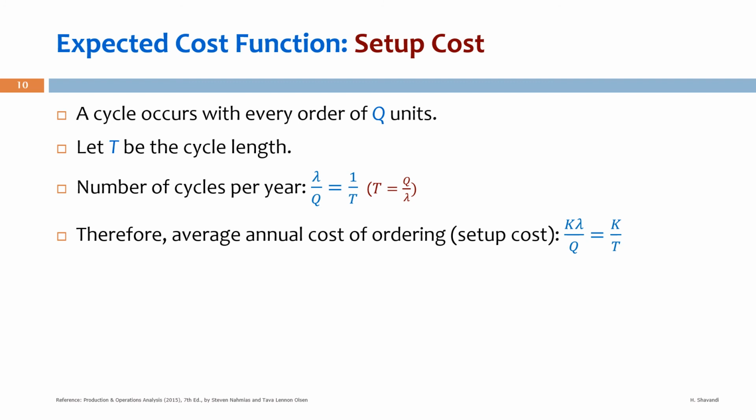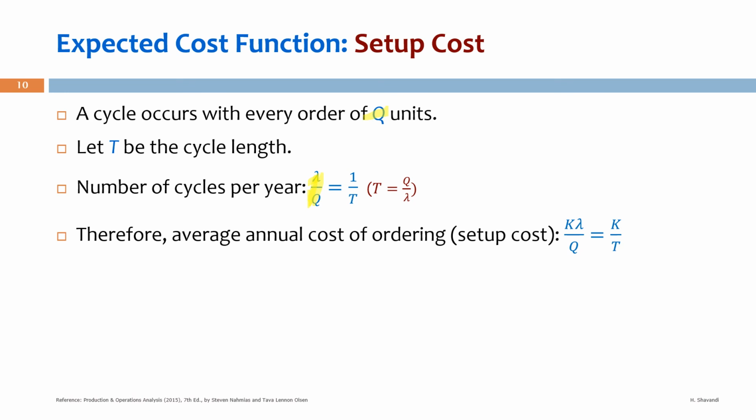So here there is no difference between this model and the EOQ model, because here we're assuming that the order quantity is Q, and if we divide the mean demand over the year lambda by Q, we obtain the number of orderings per year.